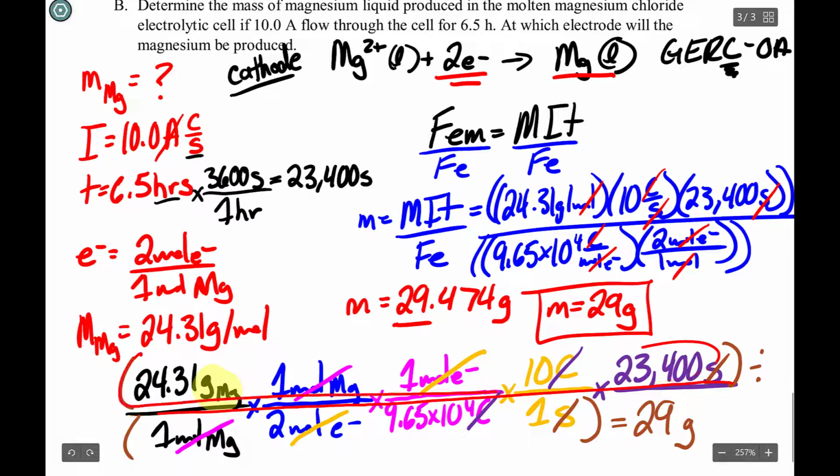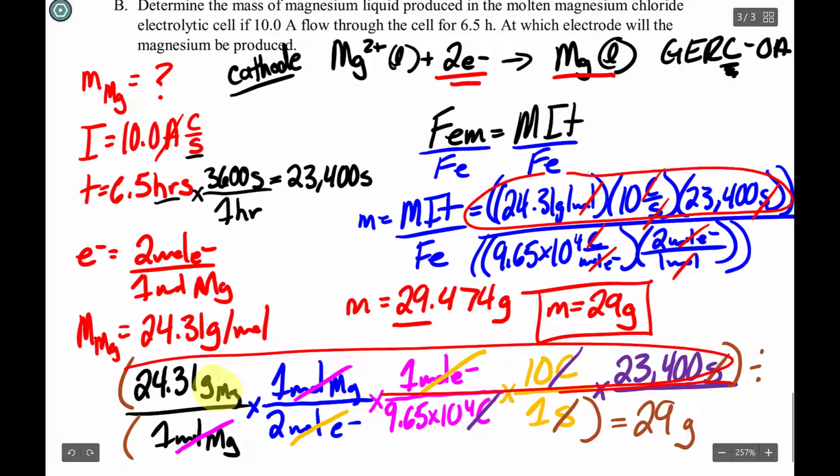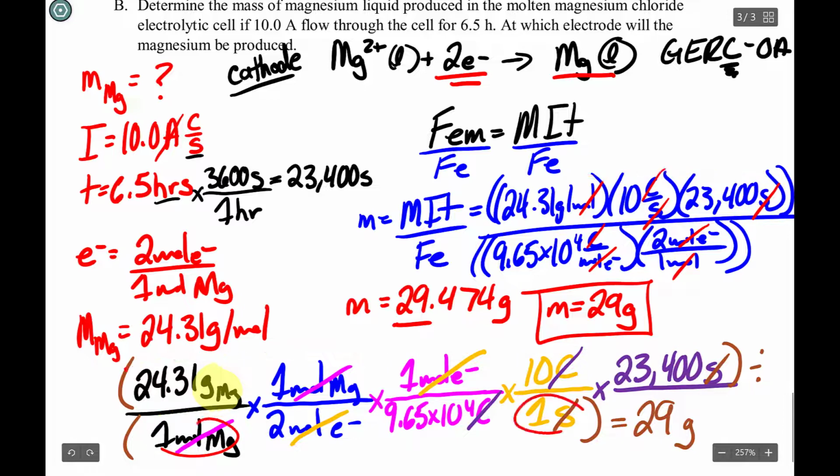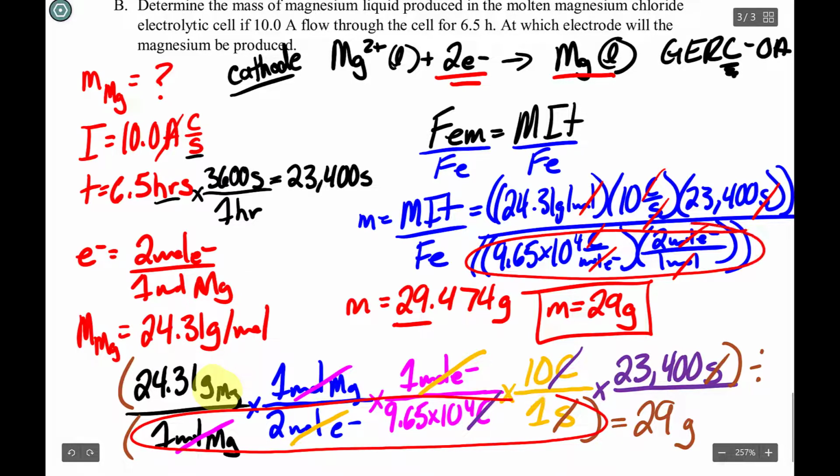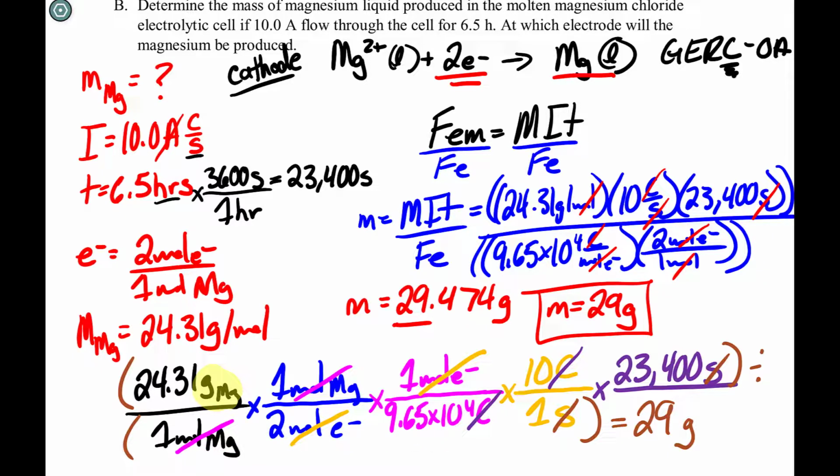My numerator here is the same as my numerator here. They're exactly the same. When I look at the bottom, these ones don't affect the value coming out, but I do have 2 on the bottom, 2 on the bottom, Faradays on the bottom, Faradays on the bottom. So the denominator here is exactly the same as the denominator here. It is the exact same thing, it's just work shown in a different way.